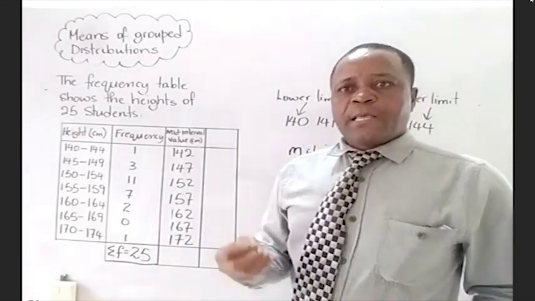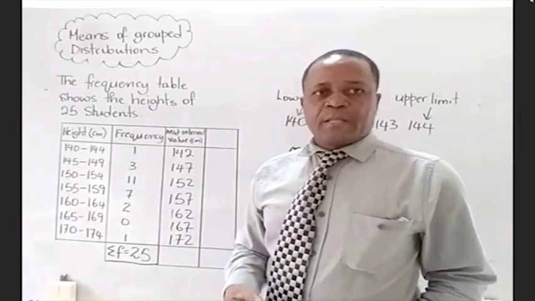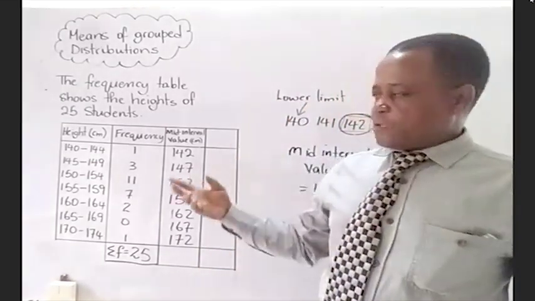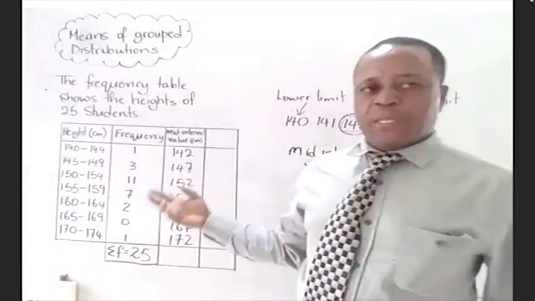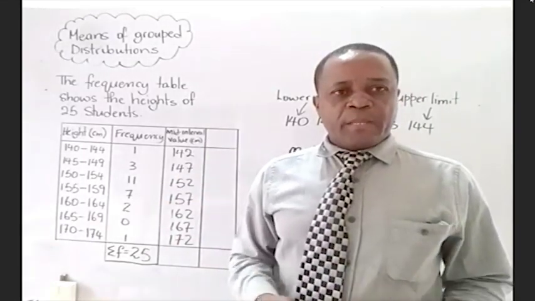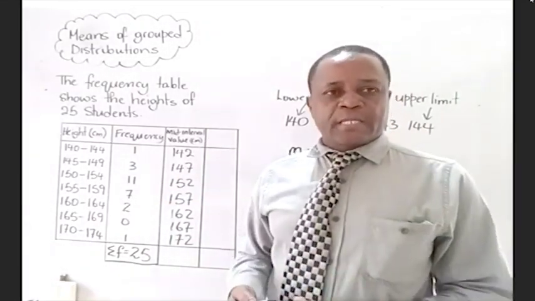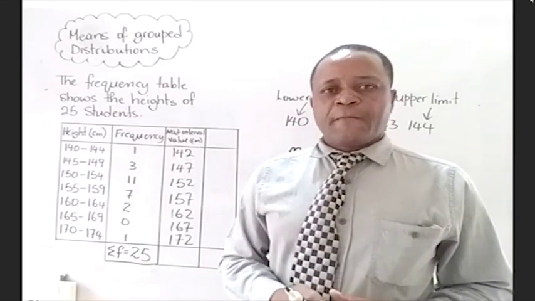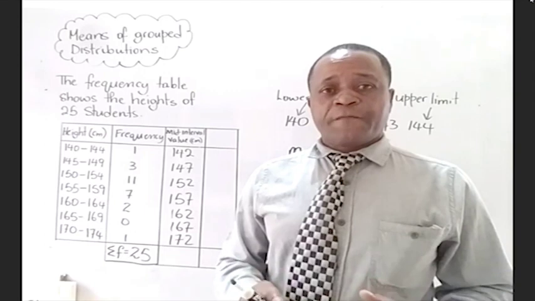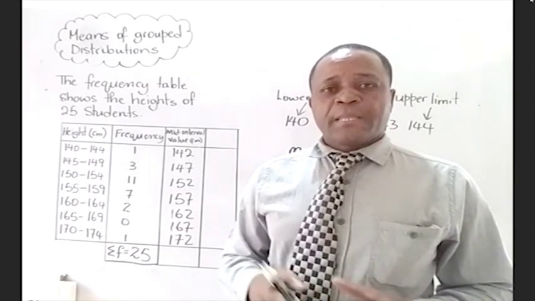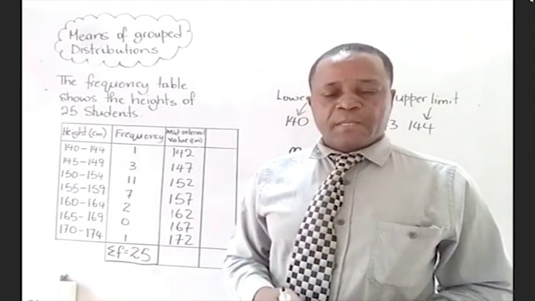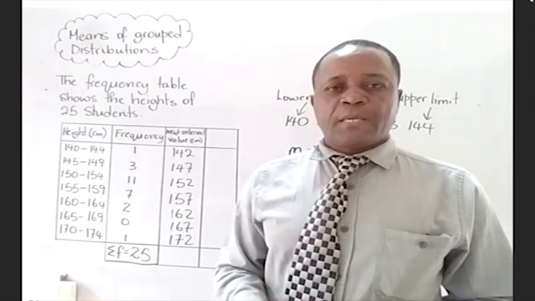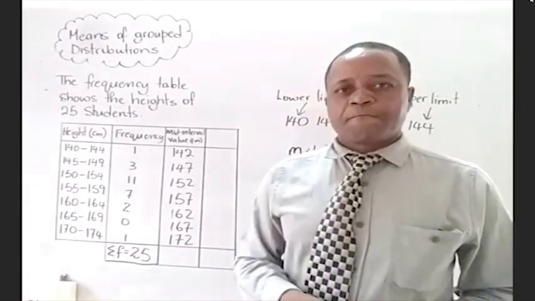Now, let me just hasten to say that as it relates to the grouped distribution table, when we do our calculation of the mean for this table, it is safe to say it is an estimated mean. But why?